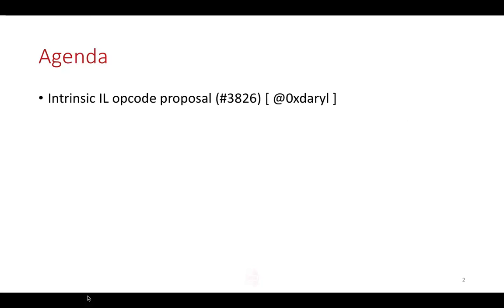So maybe to start with, just nailing down what we think the definition of an intrinsic actually is, regardless of whether it's side effect free or not, or what the purpose of the intrinsic is.